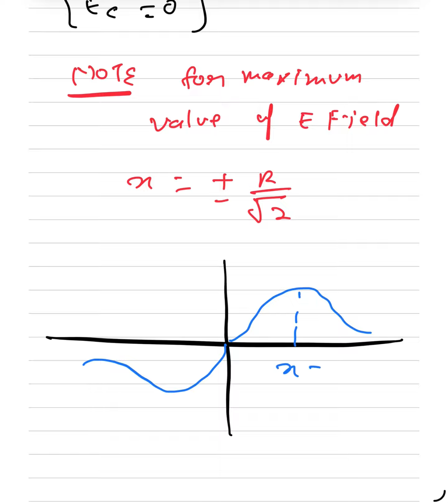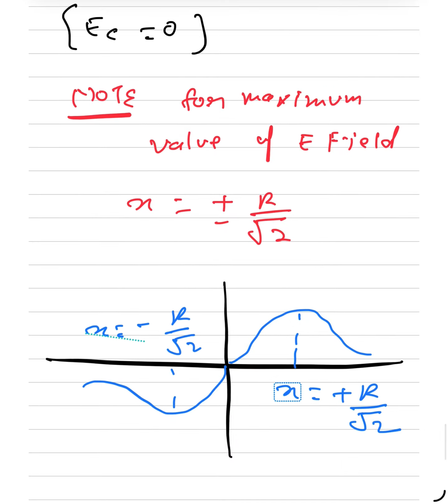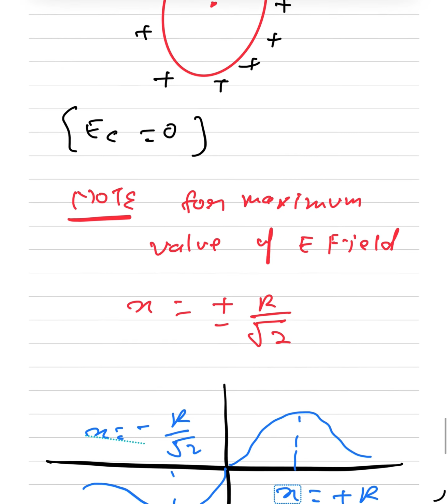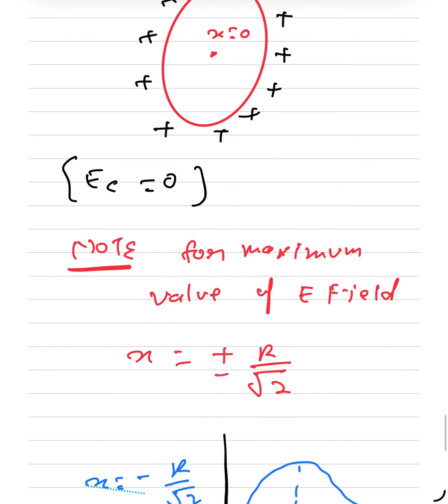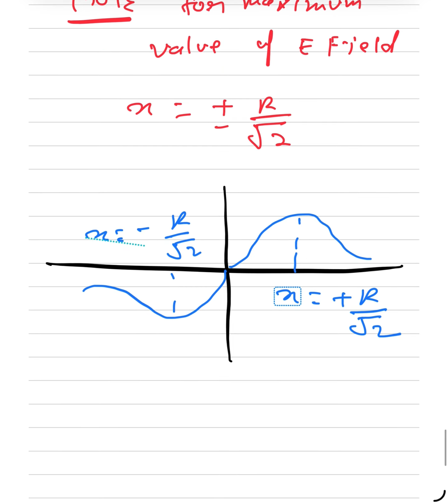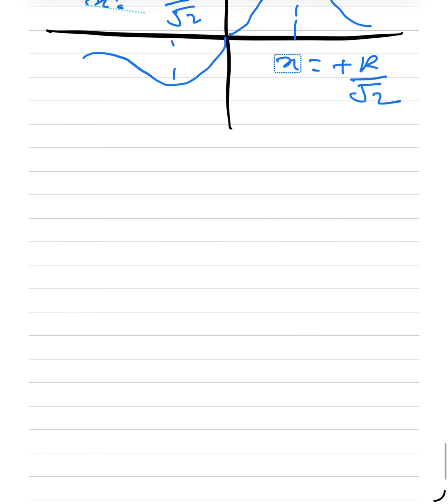This is x equals plus r by root 2, and this is x equals minus r by root 2. In these locations the value of the electric field becomes maximum, and at the center point the value of the electric field becomes equal to 0, right.